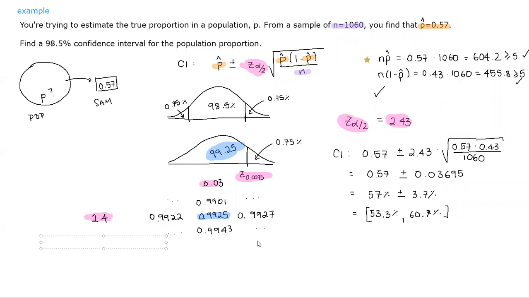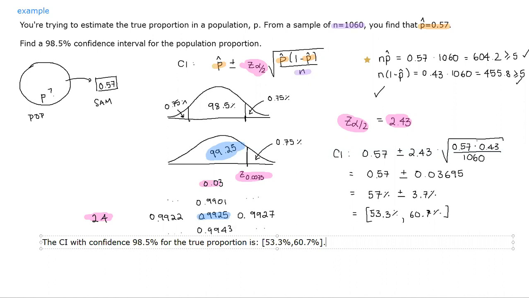And what I wanted you to remember about this is, okay, so we have that the confidence interval with level of confidence 98.5% for the true proportion is 53.3% to 60.7%. Right, and so that's just me saying what I know, which is I applied a formula and I found this interval. But that's not really the interesting part over here.